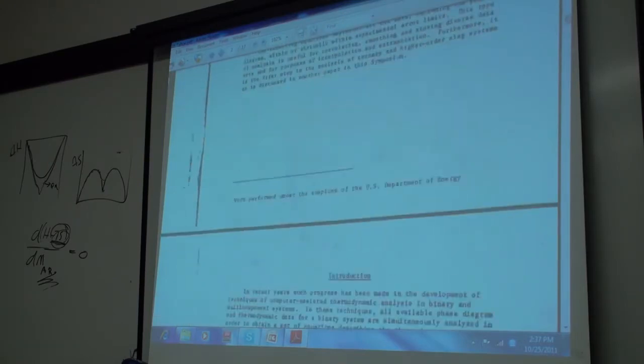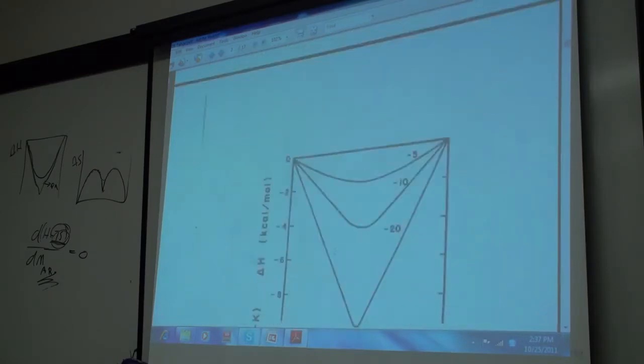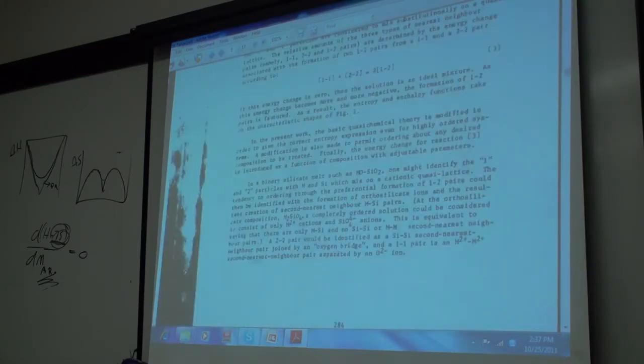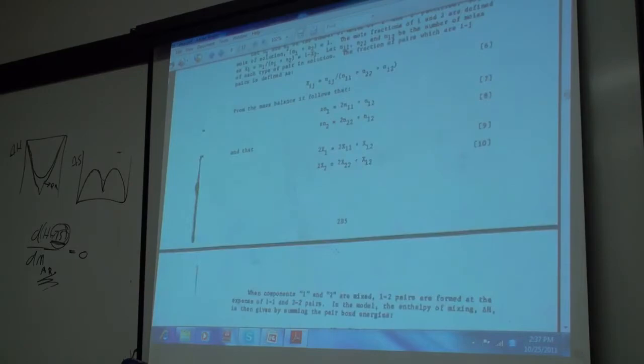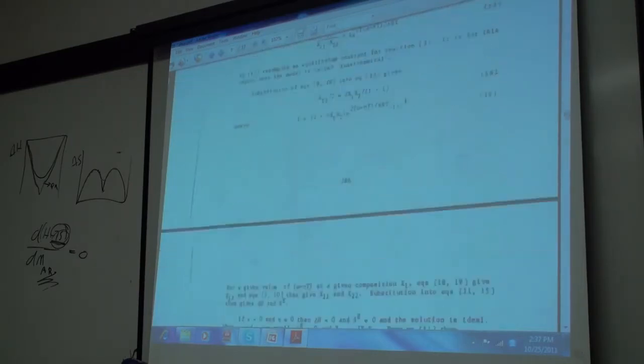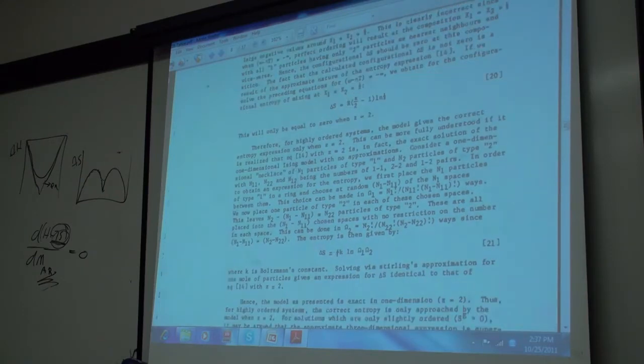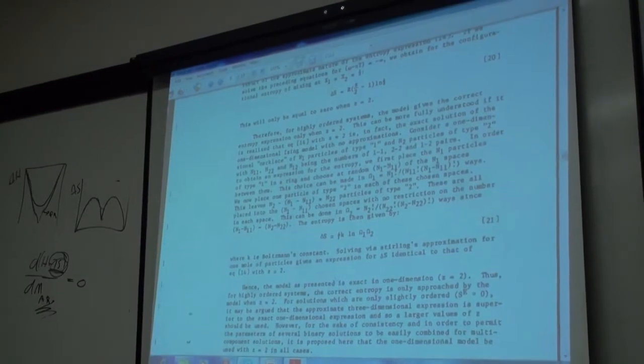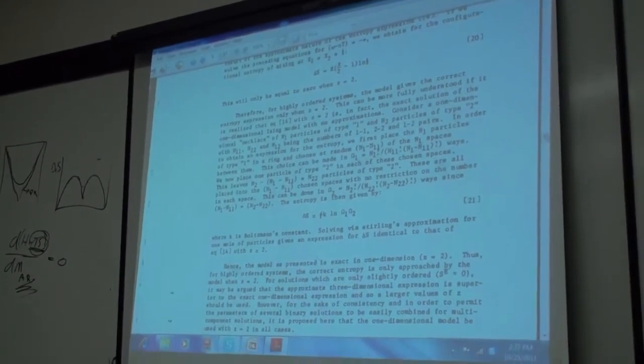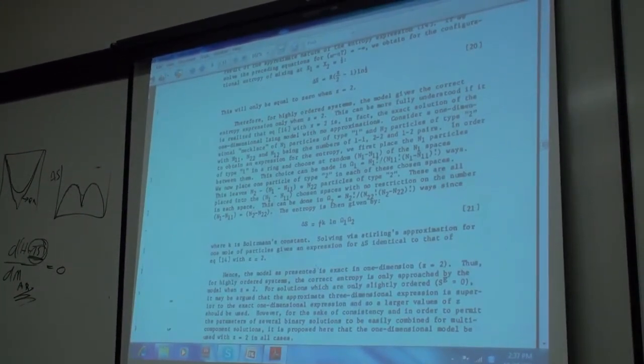If you look at page 287, I'm not going to go through all the details, but for those of you who like mathematical statistics, it's this part here between equations 20 and 21 on page 287 of number 16.